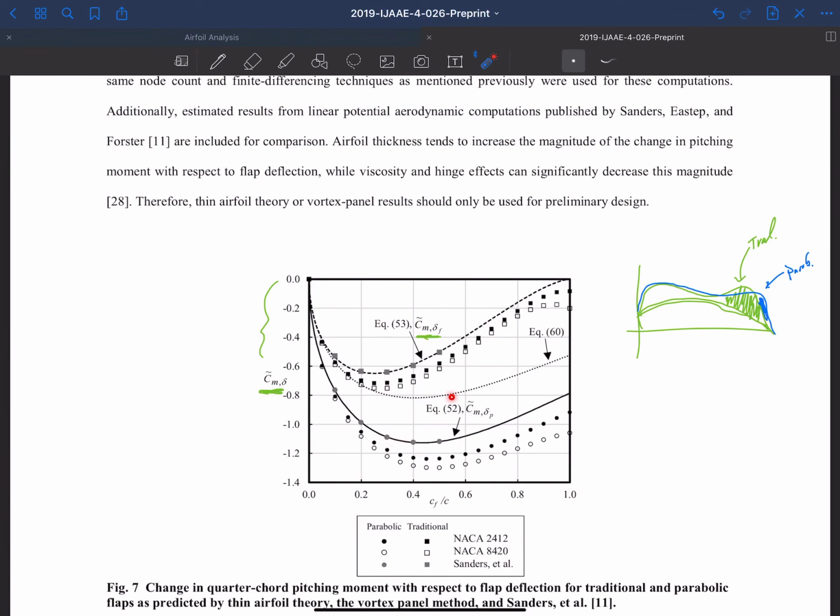So this is basically for the equivalent lift that this traditional flap is giving us. This is the pitching moment that we would get if we were just trying to match the lift. And so you can see, we're still creating a larger, more negative pitching moment, but it's not nearly as bad as looking at it in terms of per degree deflection, because we didn't need this much deflection in order to match the lift that the traditional flap was giving us.